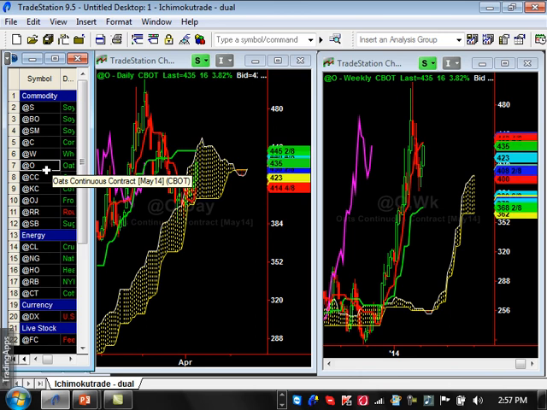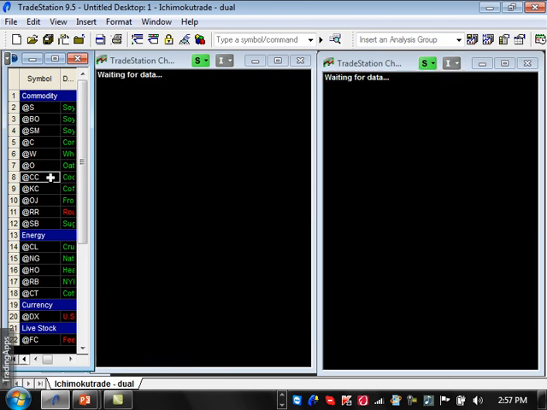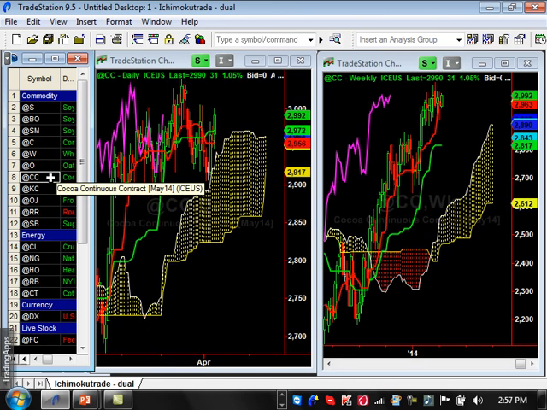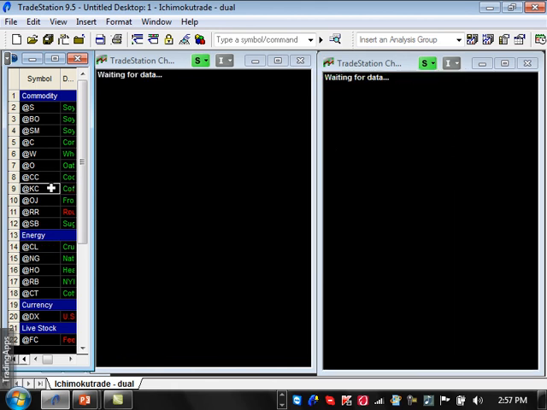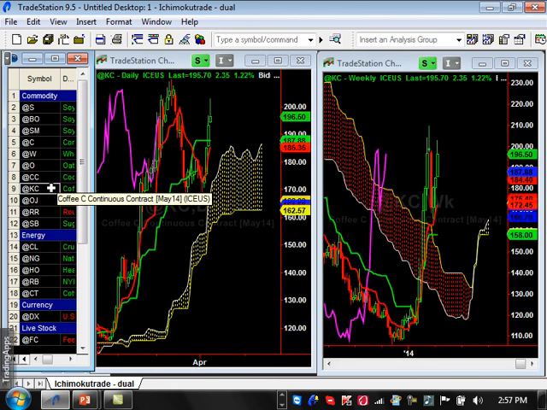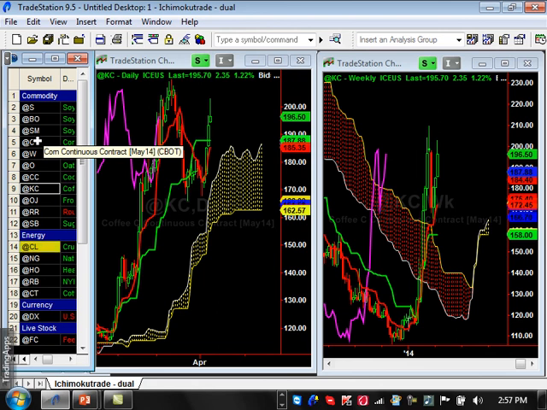Oats is strong bullish. Cocoa is basically consolidating up, a major trend upwards here. Coffee has gone for its first major pullback here. So a lot of these commodity futures have basically gone up, either to maintain a bullish trend or to go for their first major pullback overall right now.